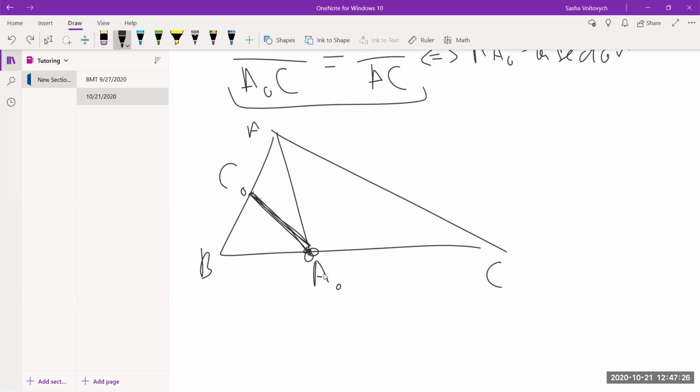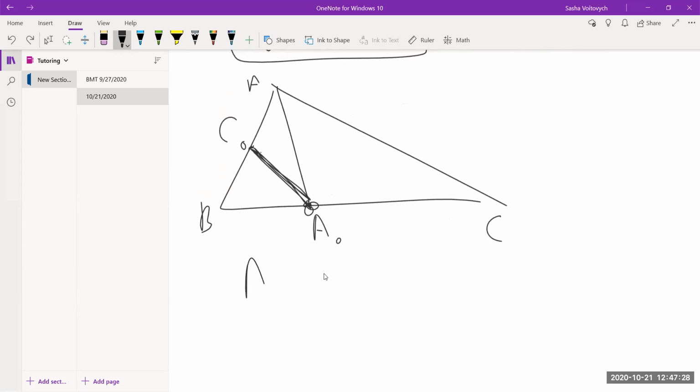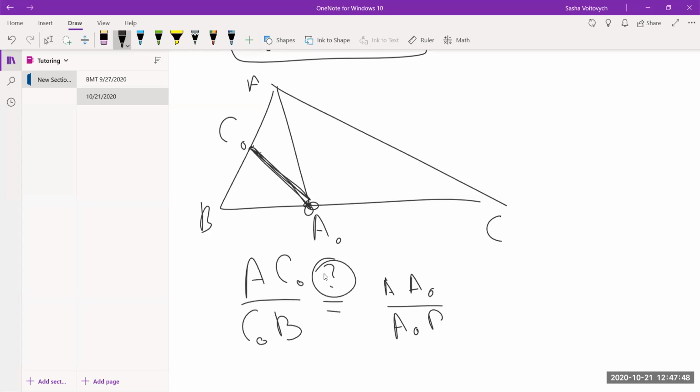Okay, so we aim to show that AC0 over C0B, I'm writing the question marks because we don't know it yet, we just aim to show this, equals AA0 over A0B.